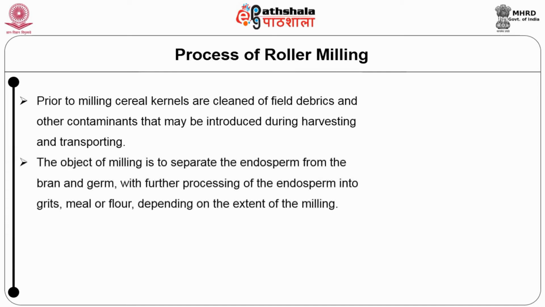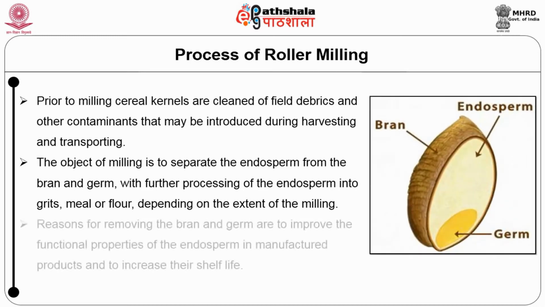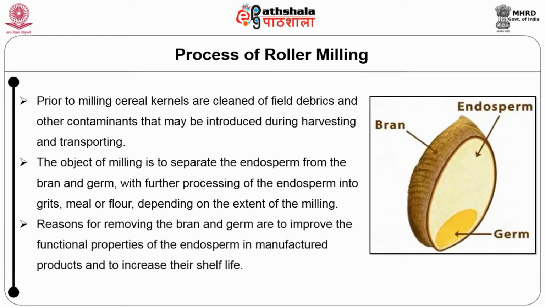The object of milling is to separate the endosperm from the bran and germ, with further processing of the endosperm into grits, meal or flour, depending on the extent of the milling. Reasons for removing the bran and germ are to improve the functional properties of the endosperm in manufactured products and to therefore increase their shelf life.